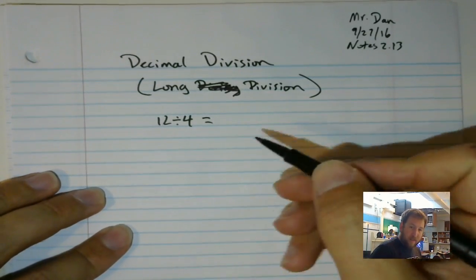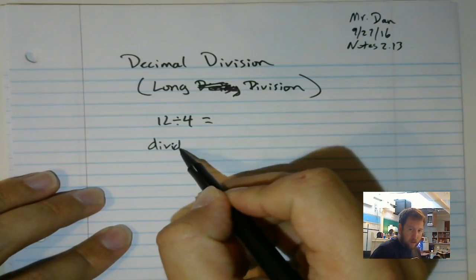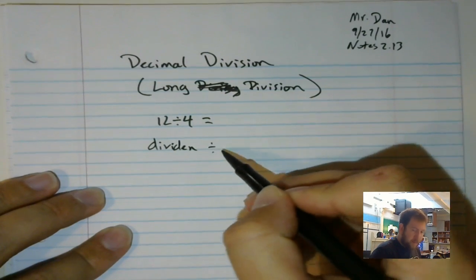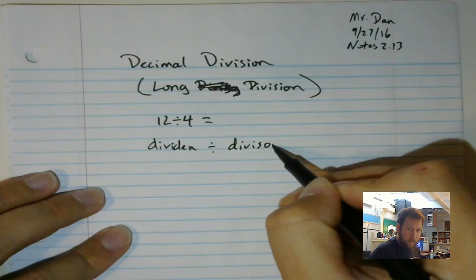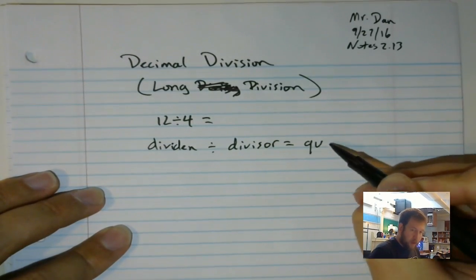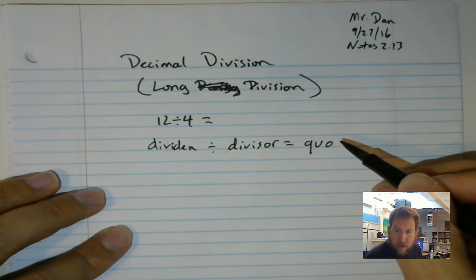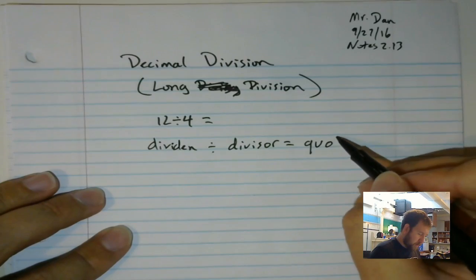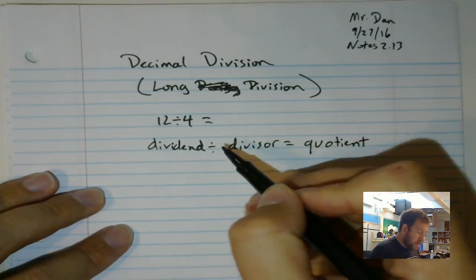Looks like this. We have our dividend divided by our divisor equals our quotient. I never remember how to spell quotient. Q-U-O-T-I-E-N-T, like that. Dividend, sorry.